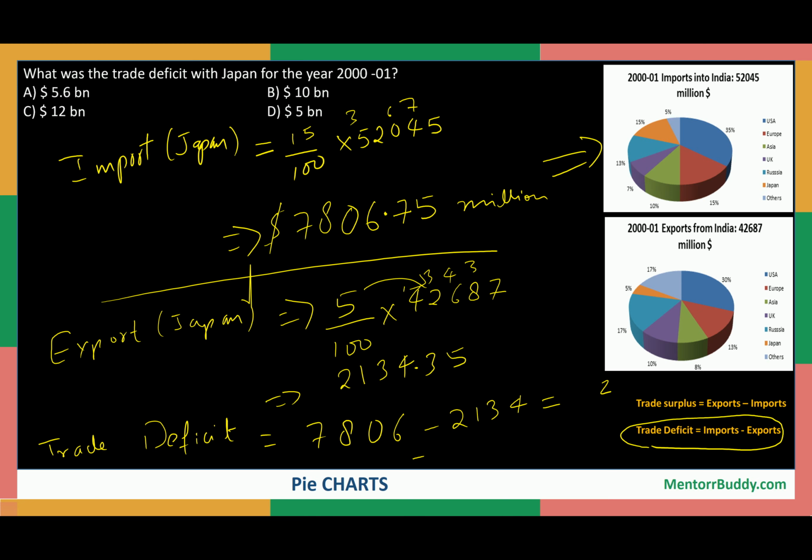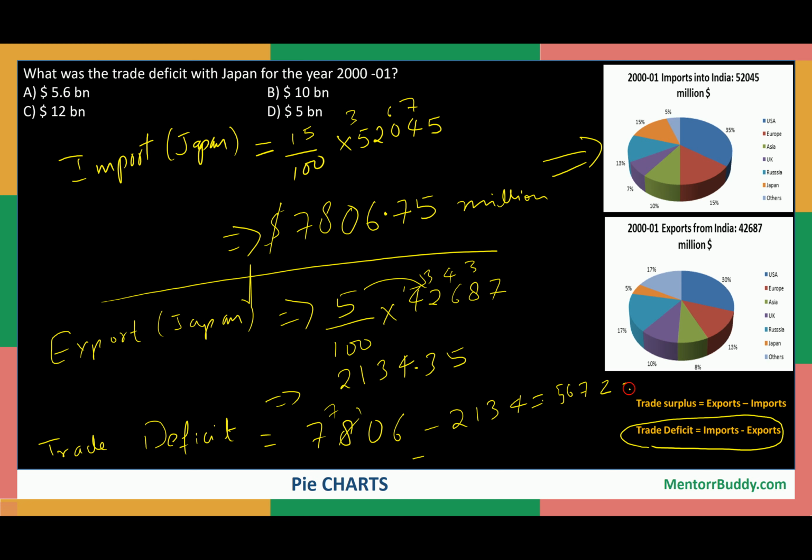And then from 0, it can't be subtracted, so we need to take a carry from here, that is 10. So 10 minus 3 is 7, right? And 7 minus 1 is 6, and 7 minus 2 is 5. So this is coming out to be $5,672 million. So this is the required thing which we need, the trade deficit.